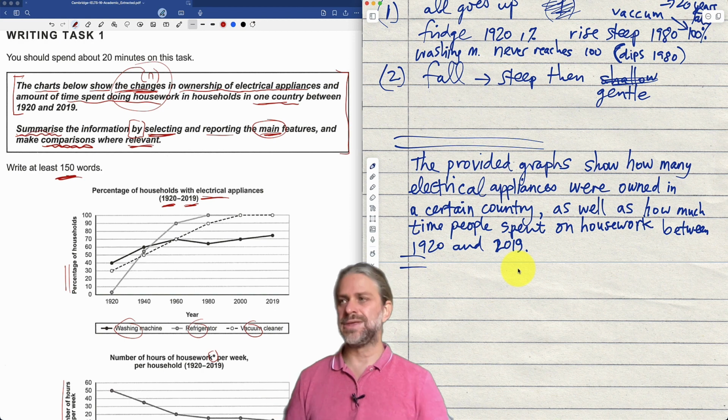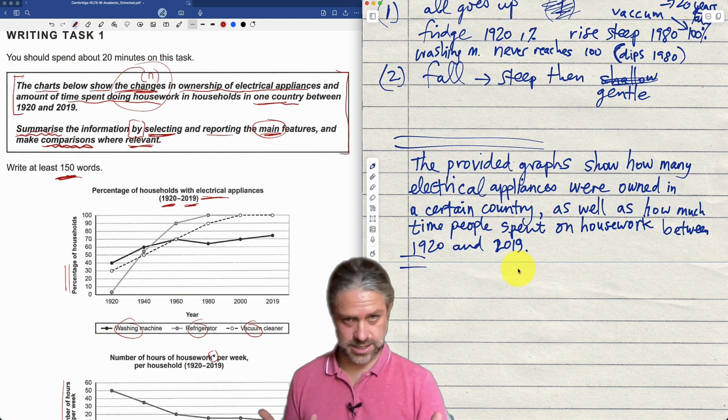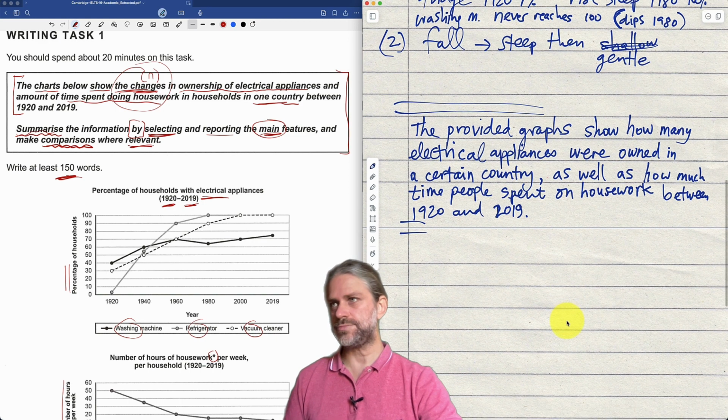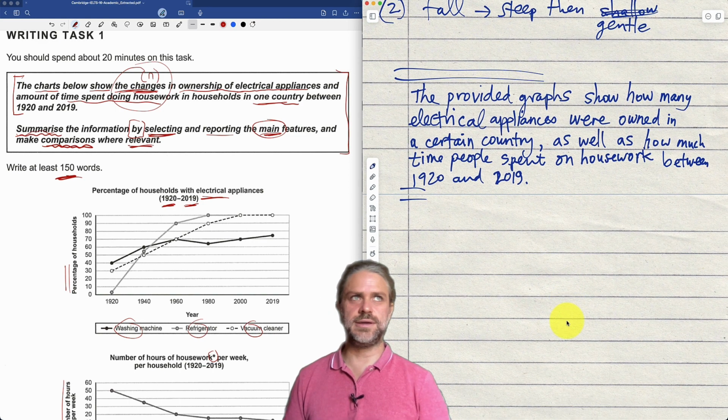Fine, done. Now, the next step is talking about the data in the graph, and that's obviously where you're going to get your most points. This is maybe a few points just by doing this, but obviously we need to go much further.